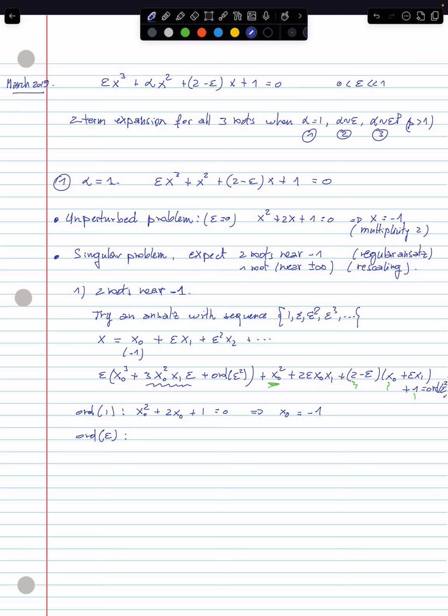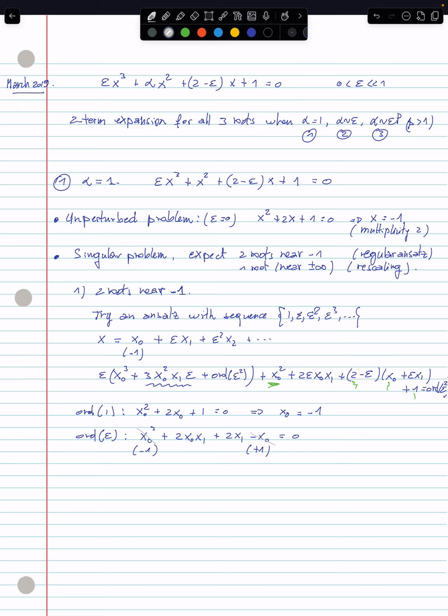So if we make it clear now, x0 to the third plus twice x0 x1 plus twice x1 minus x0 is equal to 0. What can we say out of that? x0 to the third is minus 1, because x0 is equal to minus 1, minus the last term x0, this is plus 1. So these two cancel out.